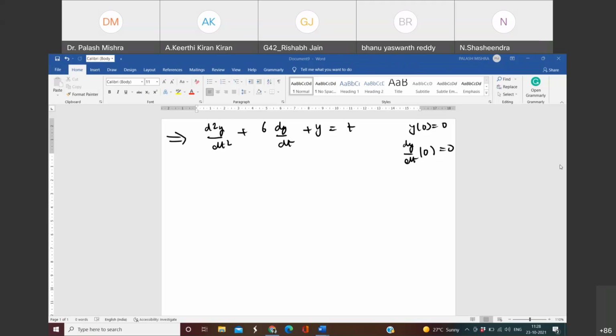D squared plus 6D plus 1 equals 0. And please tell me the roots of this equation then.